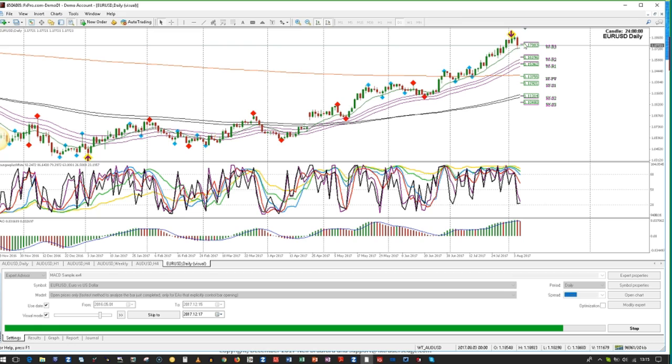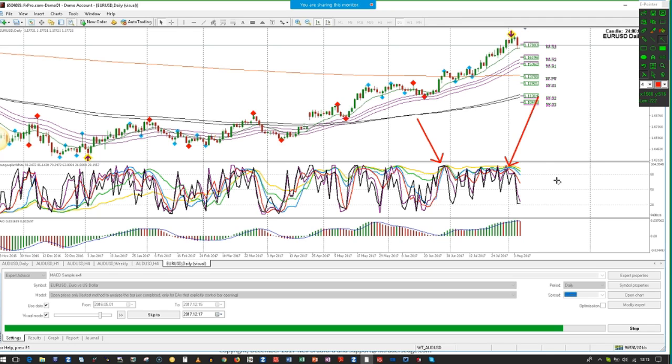Well, it could, but I think it's highly unlikely because all the bungees have rolled over. All the bungees are pointing down. And we have what we talked about yesterday: a bungee pinch and a bungee squeeze, one after the other.